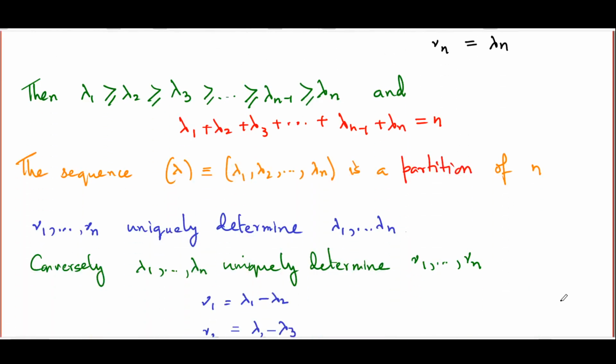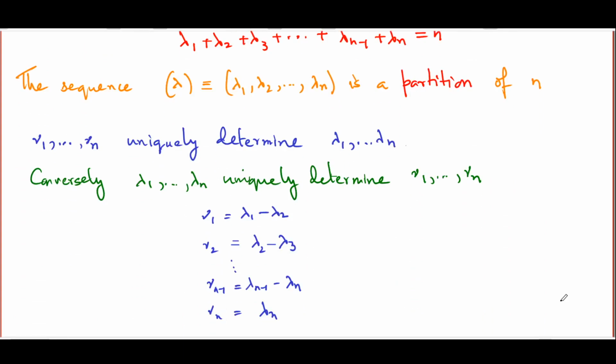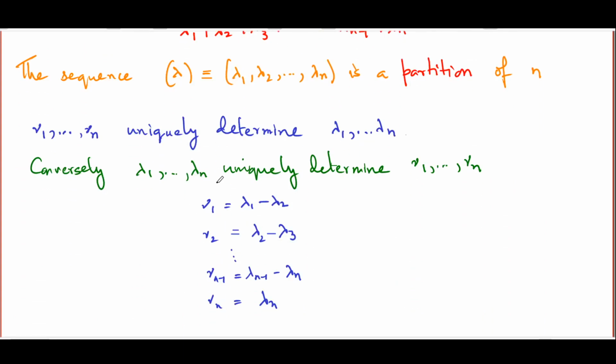On the other hand, given lambda 1 to lambda n, we can also uniquely determine nu 1 through nu n. Simply put, nu 1 is simply the difference between lambda 1 and lambda 2. Nu 2 is the difference between lambda 2 and lambda 3. And this continues all the way down to nu n minus 1 being lambda n minus 1 minus lambda n.